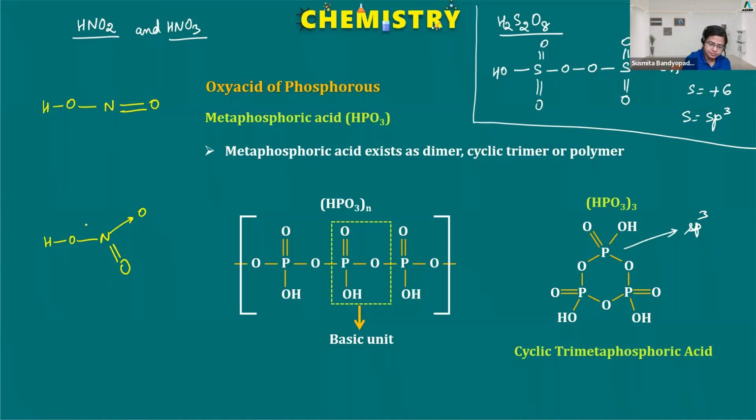HNO3, HNO2. Convinced. I'm convinced. Hybridization. Wait, wait, wait. Yes, yes, yes. I got the answer only. So this is HNO3 and the nitrogen is sp2 hybridized.